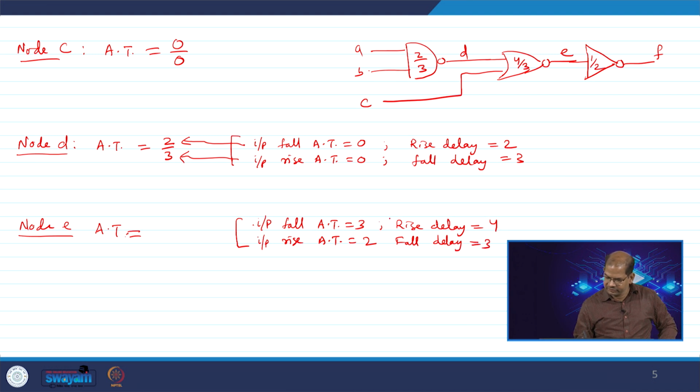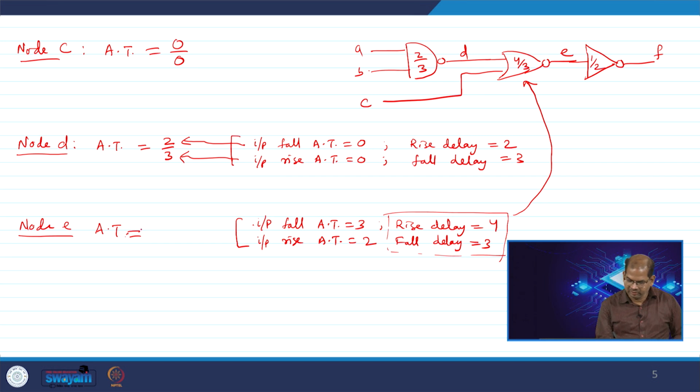This corresponds to this gate, the NOR gate. Now, this arrival time will be 3 plus 4 and 2 plus 3. So, 3 plus 4 is 7 by 5. So, this comes from here, this comes from here.